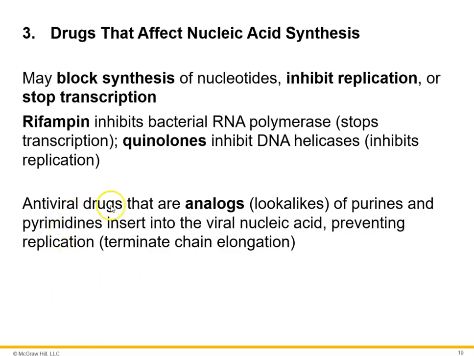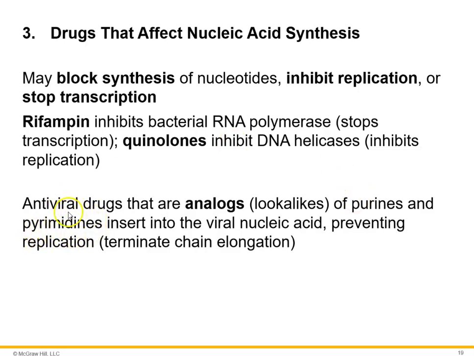Okay, some antiviral drugs are analogs of purines and pyrimidines. So let's take a step back. What does that mean? Well, purines and pyrimidines are the nitrogenous bases that make up nucleotides, and nucleotides make up RNA and DNA. They're analogs, meaning they look like purines and pyrimidines.